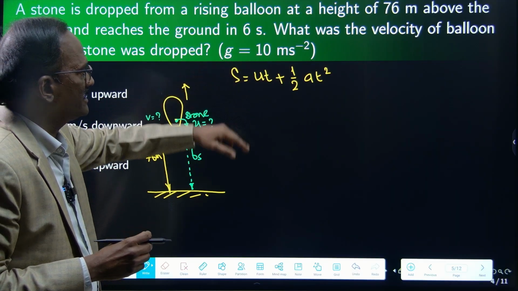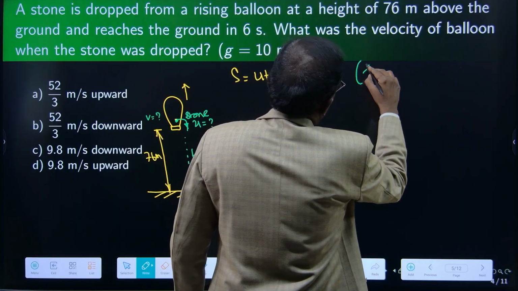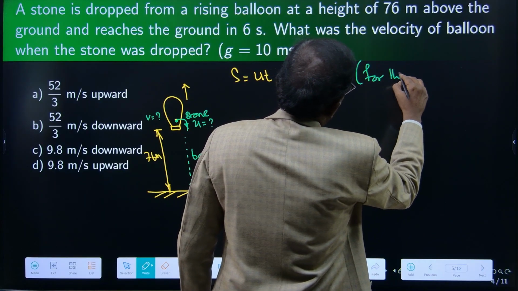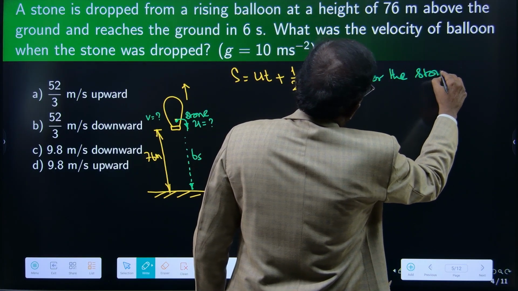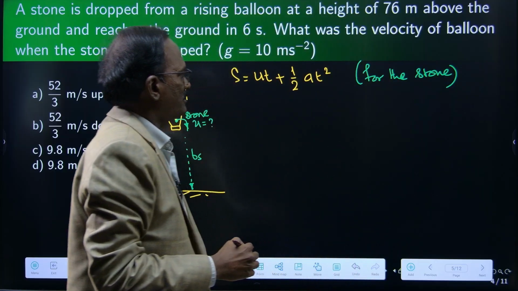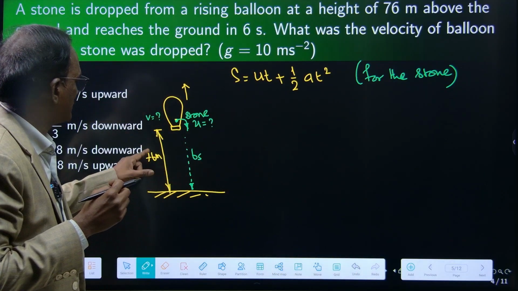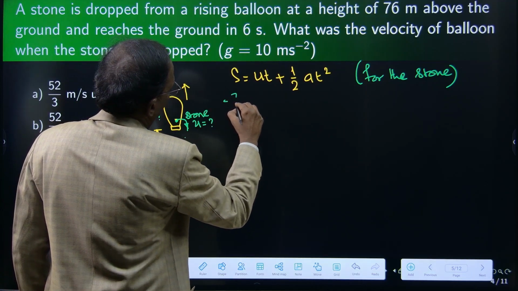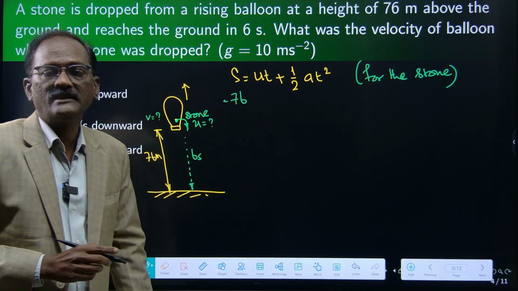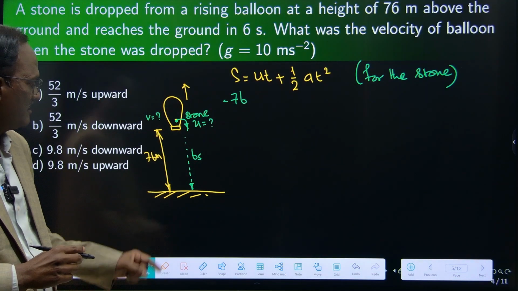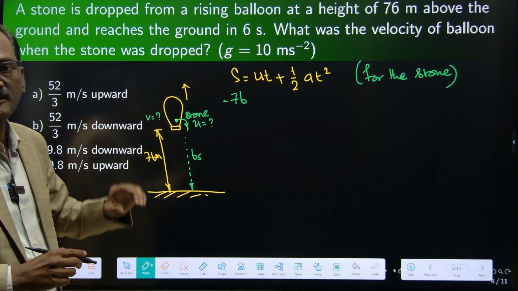So this formula is written for the stone. For the stone, I am writing the formula. So the initial velocity is to be calculated. What is the height? 76 meter, but we have to write it as minus 76. Displacement is final position minus initial position.